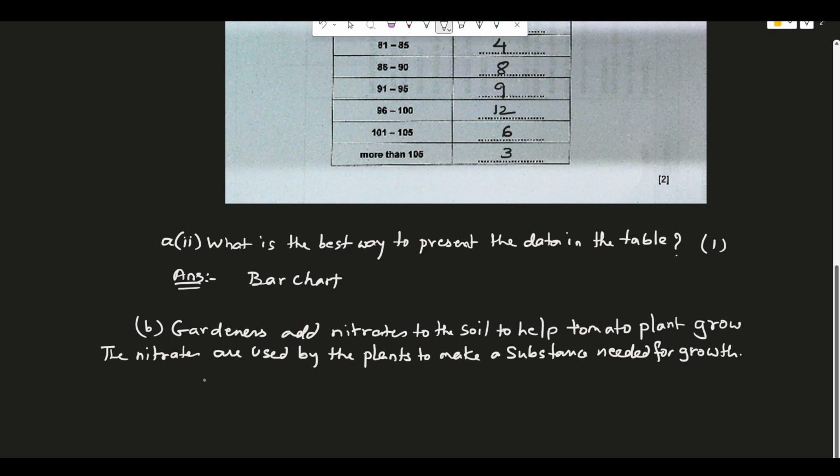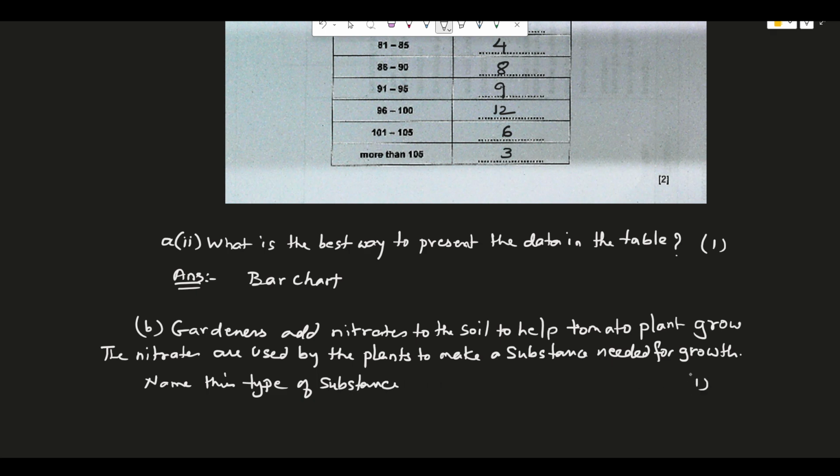And you have to name this type of substance. So this is question B. This also carries 1 mark.